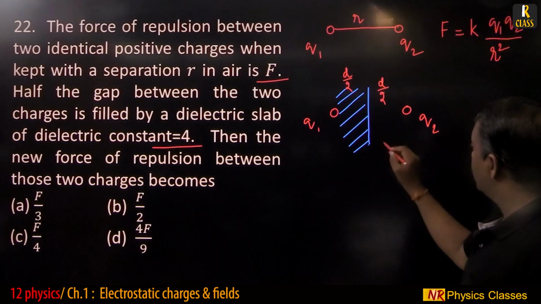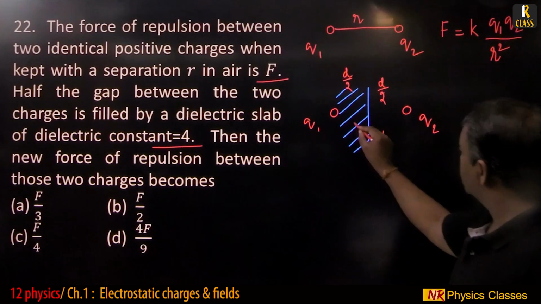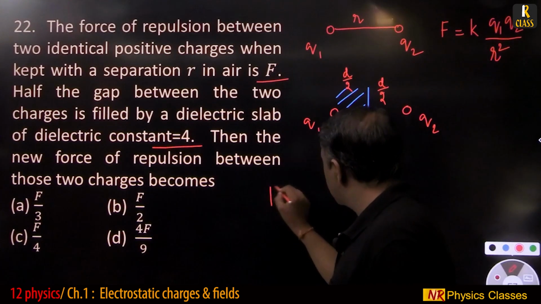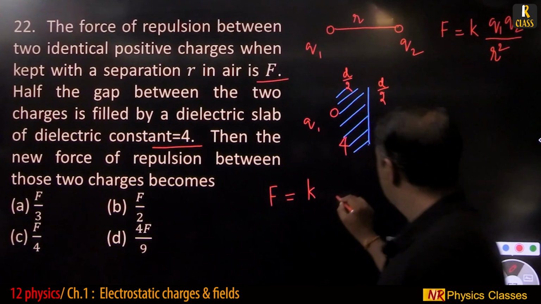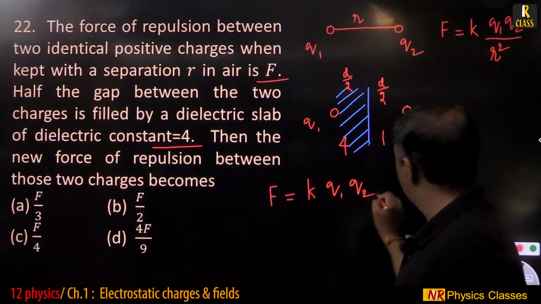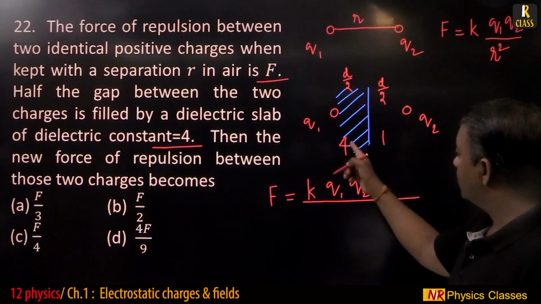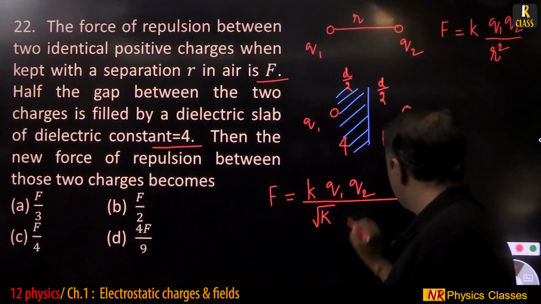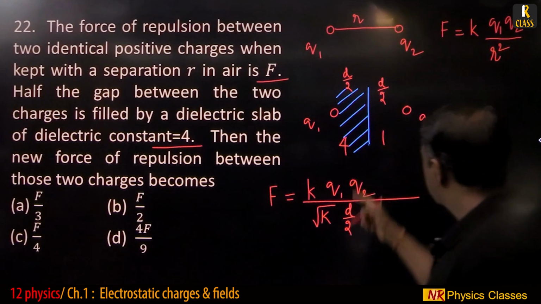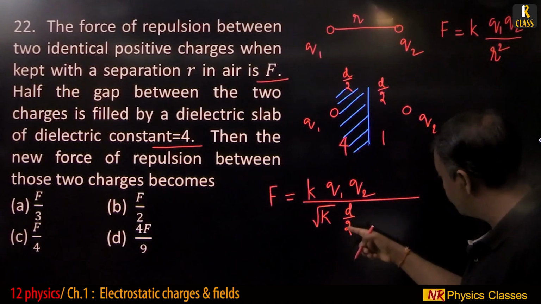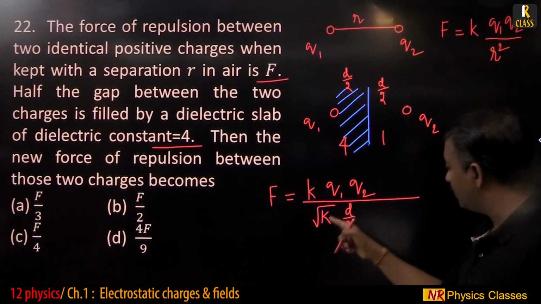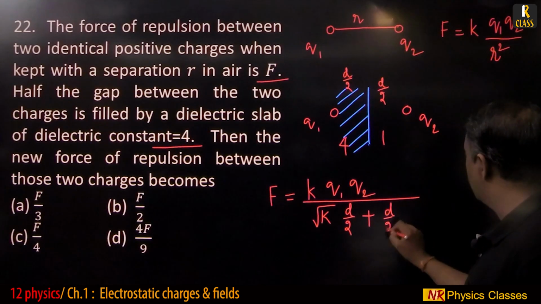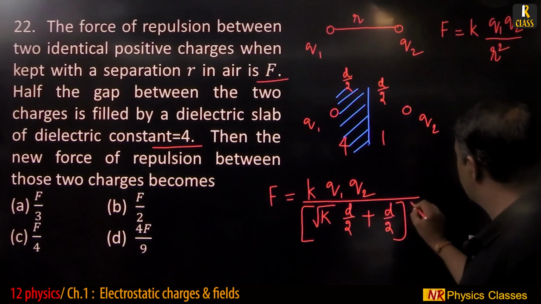The dielectric constant of air is 1. The dielectric constant of this medium is 4. And the new force is given by constant into product of the charges Q1, Q2 by, there is a dielectric medium, root of dielectric constant into d by 2, because half of this is filled with 4, plus the remaining half d by 2 is filled with air, squared.